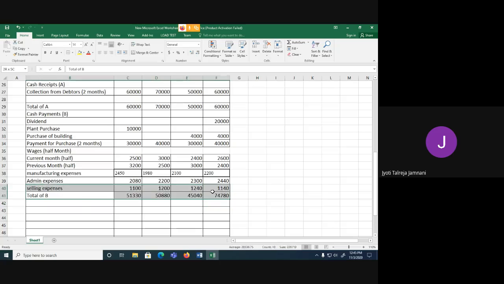So these are the payments and these are the receipts. Now we'll find surplus or deficit, for which we do A minus B.